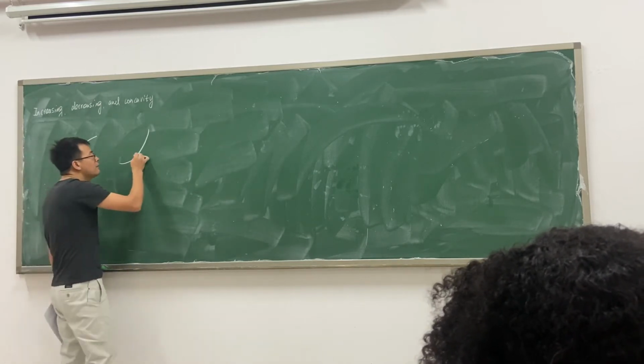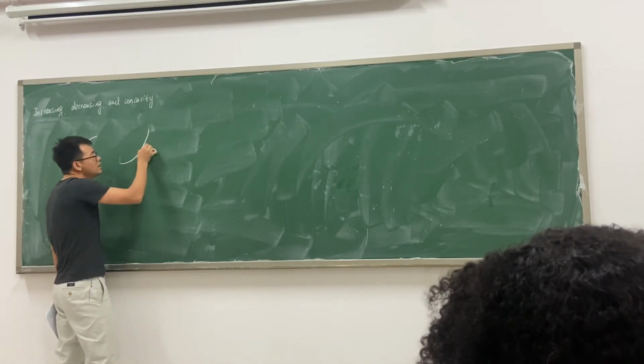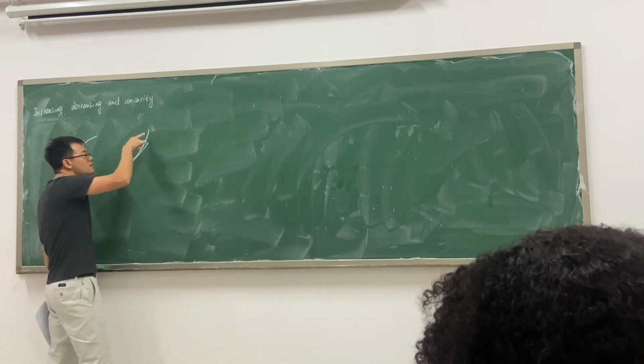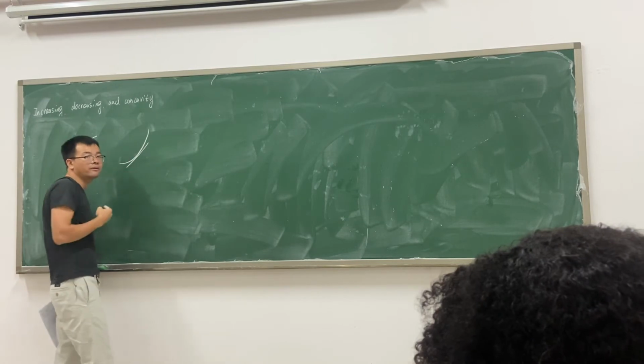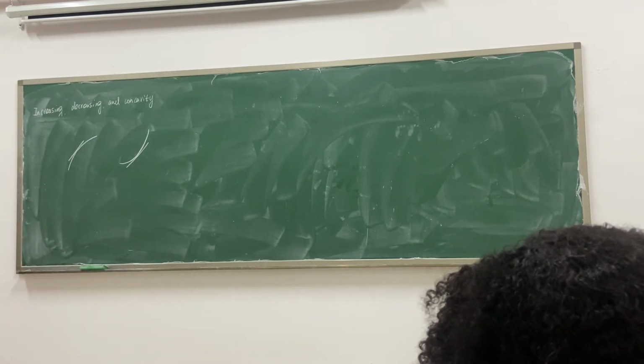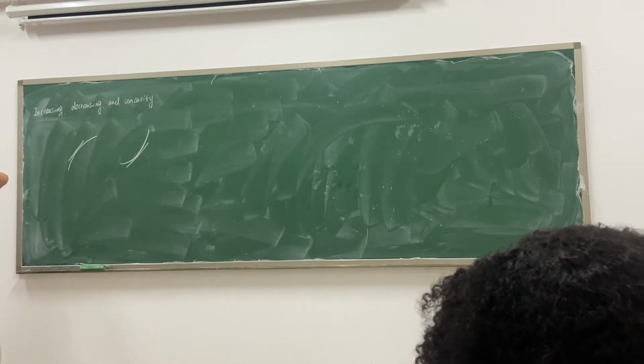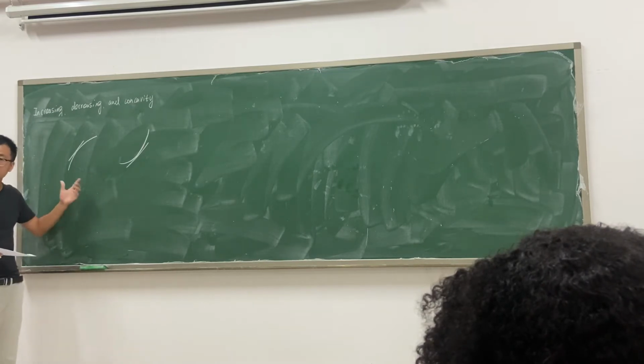But for the other, the tangent line is below the graph. They are all increasing, but they are not the same.